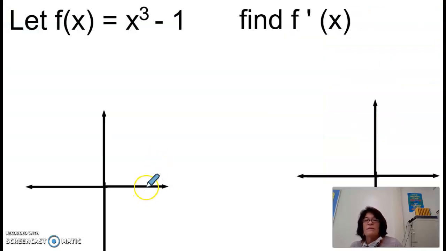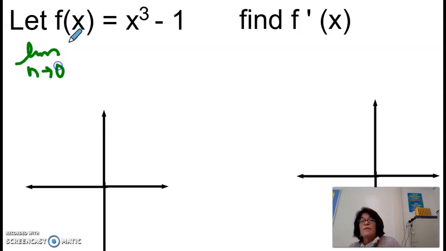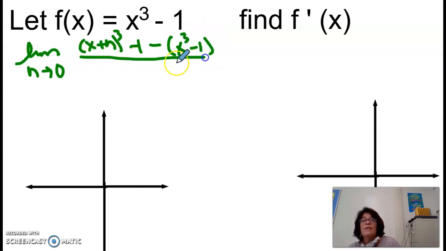Okay, so let's try with x cubed minus 1. All right, and I'm gonna take the limit as h approaches 0 of f of x plus h. So I'll have x plus h cubed minus 1. And then I'll subtract f of x and divide by h. Okay? Now, x plus h cubed is not fun.